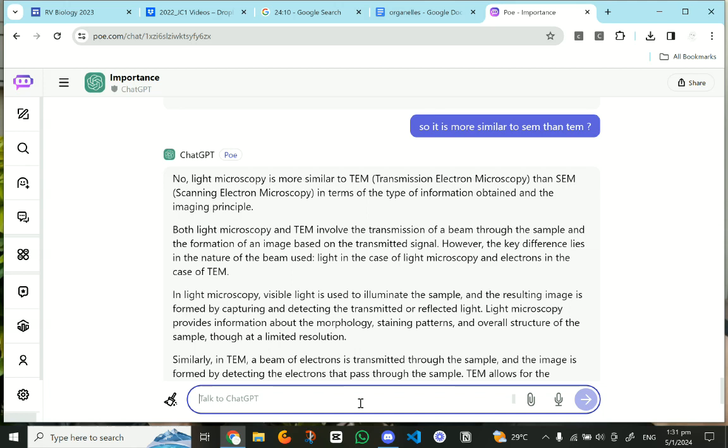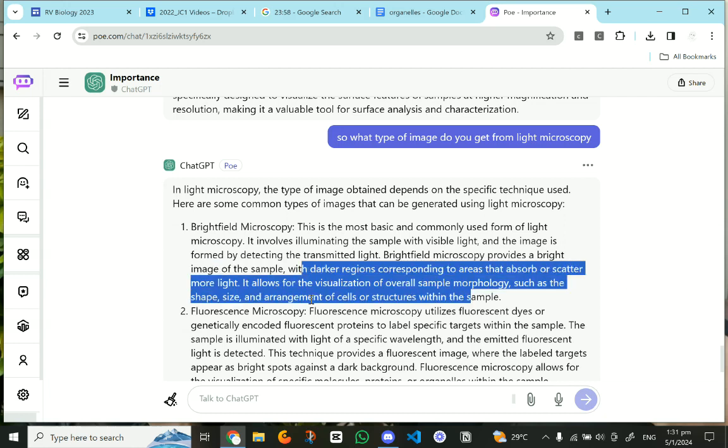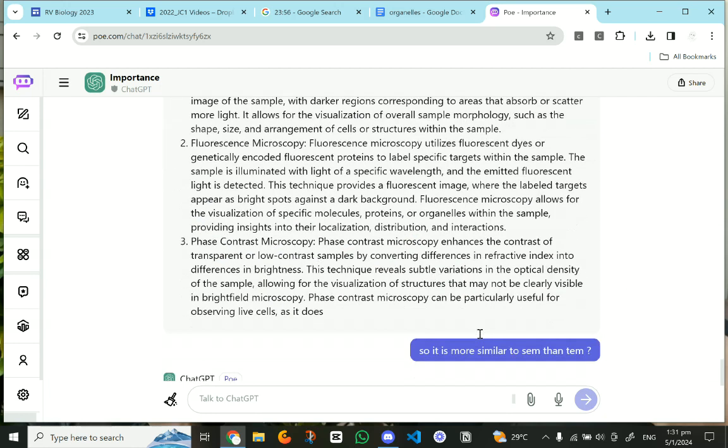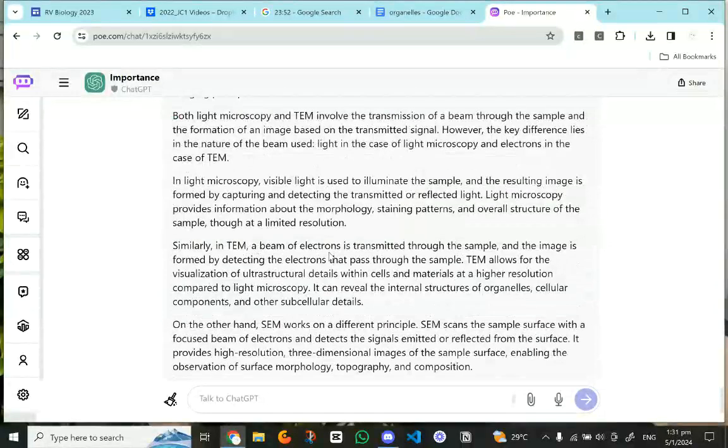Then for the light, it's almost the same way. There's, where is it, here, darker regions versus lighter regions. So in that sense, they are more similar.